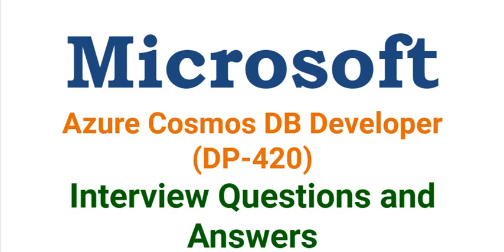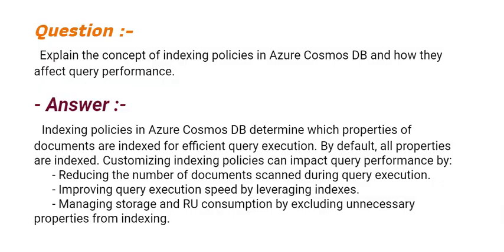The question is, explain the concept of indexing policies in Azure Cosmos DB and how they affect query performance. Your answer should be, indexing policies in Azure Cosmos DB determine which properties of documents are indexed for efficient query execution. By default, all properties are indexed.